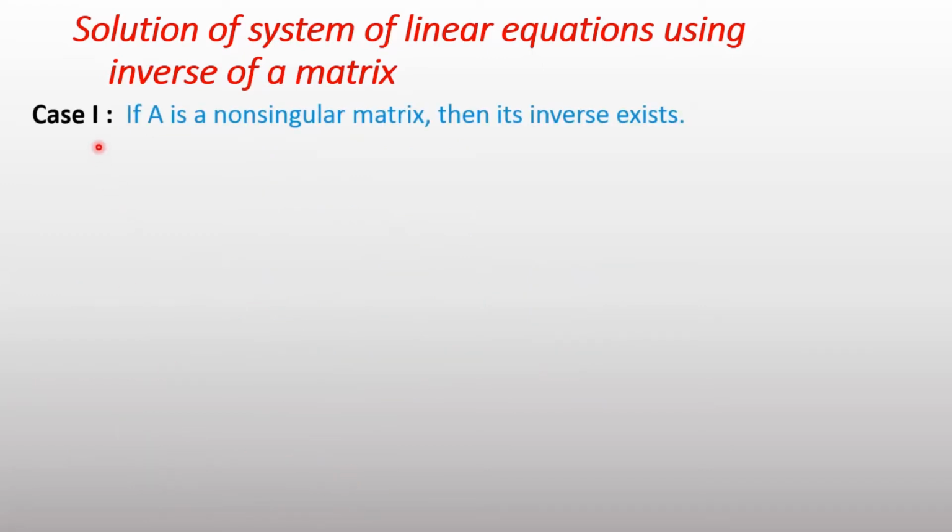For solving, first you have to check whether matrix A is singular or non-singular. I already covered this in a previous video. If A is non-singular, it means the determinant of A is not equal to 0. Then we can find A inverse.